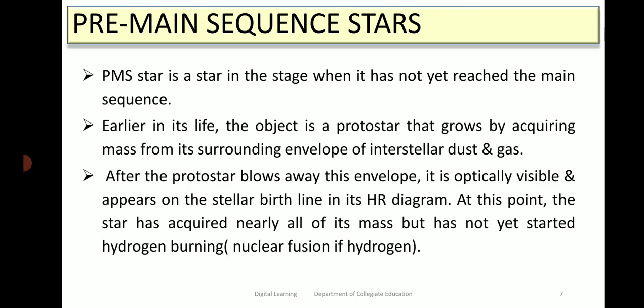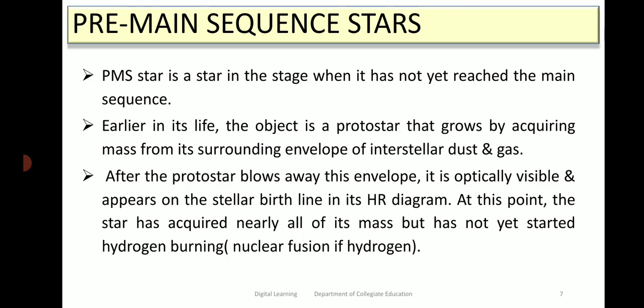Earlier in its life, the object is a protostar that grows by acquiring mass from its surrounding envelope of interstellar dust and gas. After the protostar blows away this envelope, it is optically visible and appears on the stellar birth line in its HR diagram.